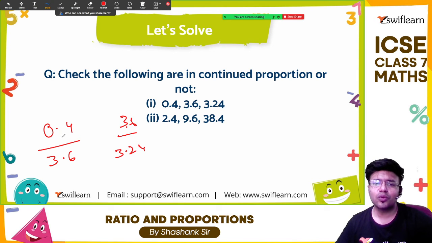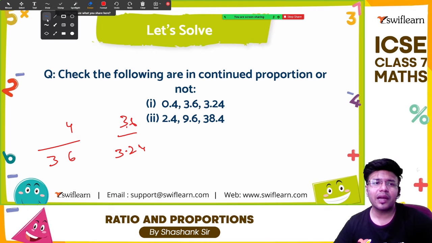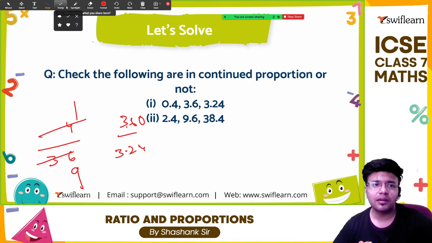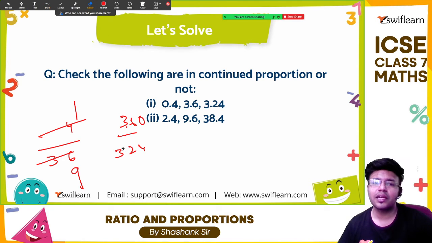Multiply numerator and denominator by 10, so it becomes 4 by 36, which is 1 by 9. Now multiply 3.6 by 3.24 by 100, so 360 by 324. This is greater and this is smaller, so I'll get a number greater than 1. Let us simplify. This is not in continued proportion, by the way.